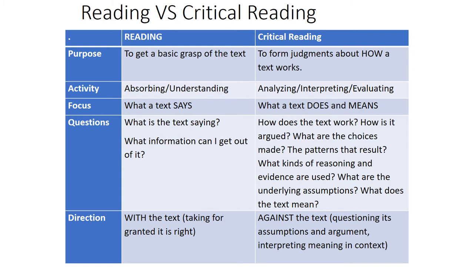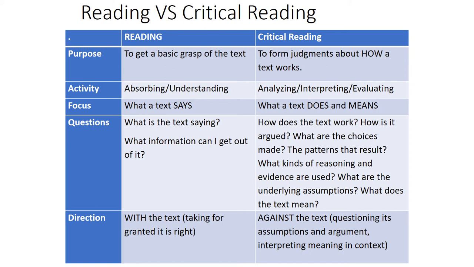So, if we compare reading and critical reading, as we can see in this chart, we can really identify the difference between what you used to do and what you're expected to do in this course. The purpose of regular reading is to get a basic grasp of the text. On the other hand, the purpose of critical reading is to form judgments about how a text works.